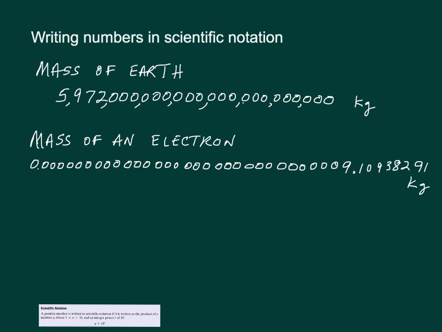Writing numbers in scientific notation. Scientific notation makes use of exponents and powers of 10. When we raise 10 to some powers, we get numbers like 10, 100, 1,000, 10,000, 1 million, whatever.